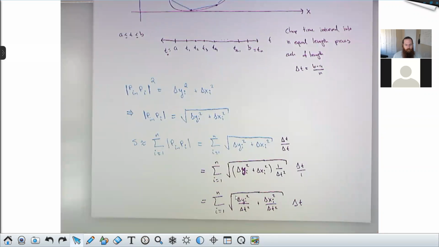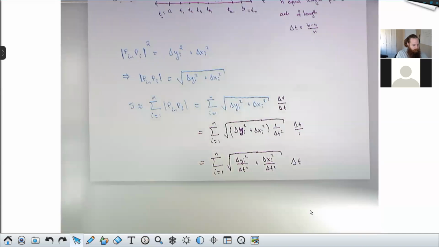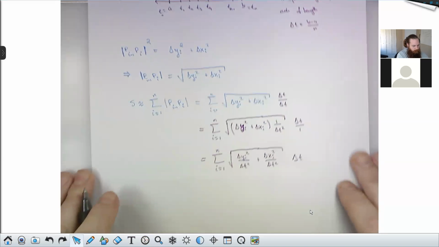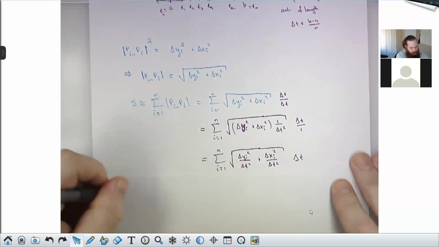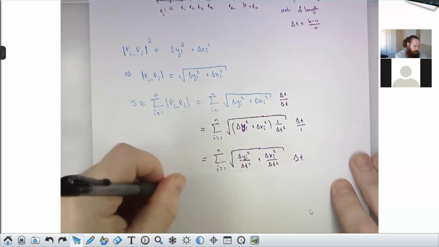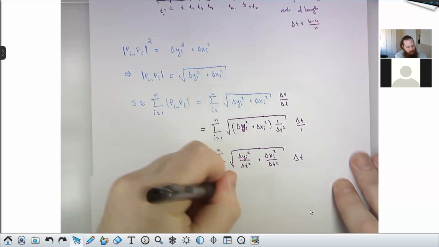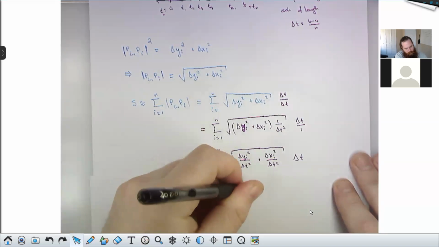As delta t goes to 0, as n goes to infinity, this is going to become dy/dt, this is going to become dx/dt, and this is going to become dt. So this is a Riemann sum as n goes to infinity.